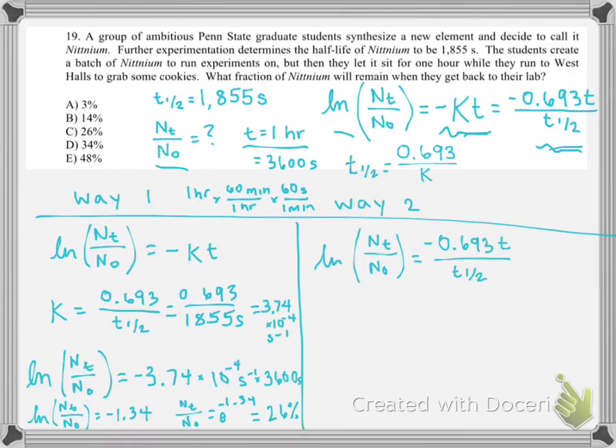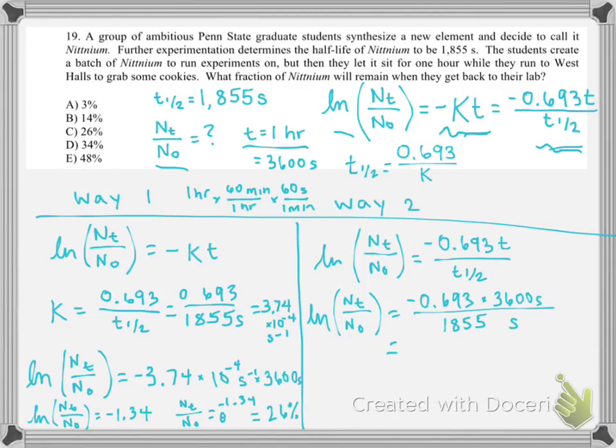So here for way 2, we're going to plug in, we'll have our natural log of NT over N naught, and it will be equal to negative 0.693 times that 3600 seconds divided by the half-life, which is 1855 seconds.